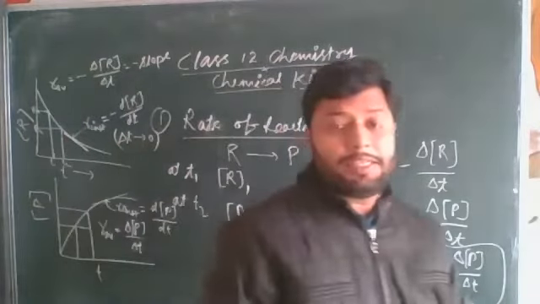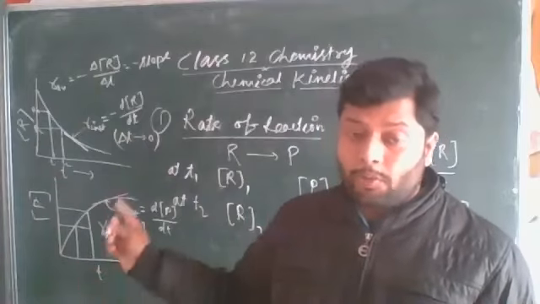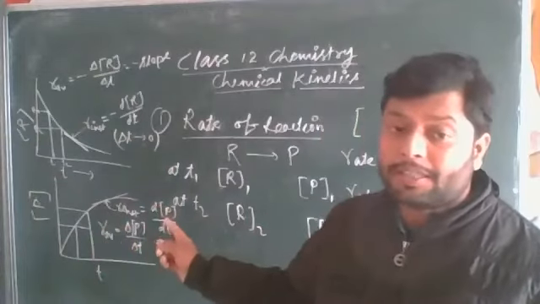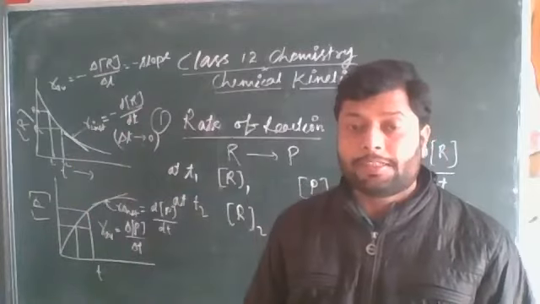So with the help of a tangent drawn on the slope of the product and time graph, you can calculate the instantaneous rate of reaction in terms of product, just as for reactants.